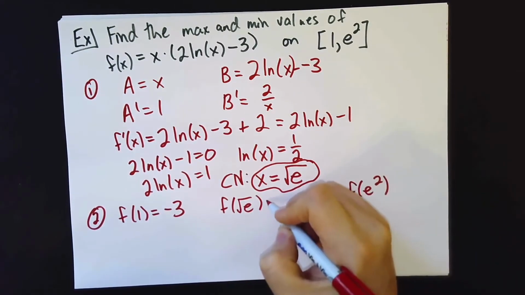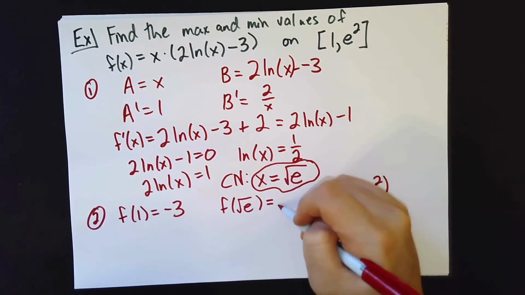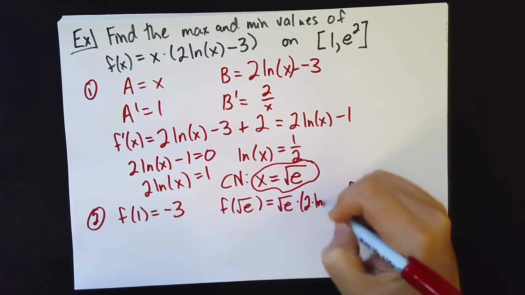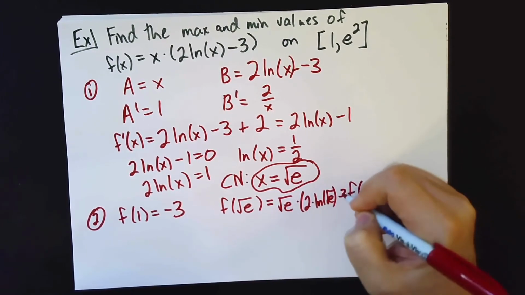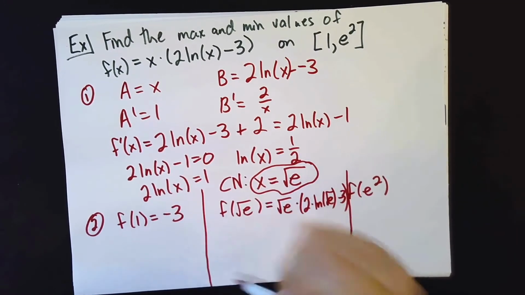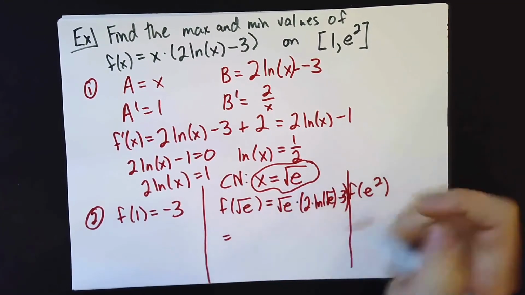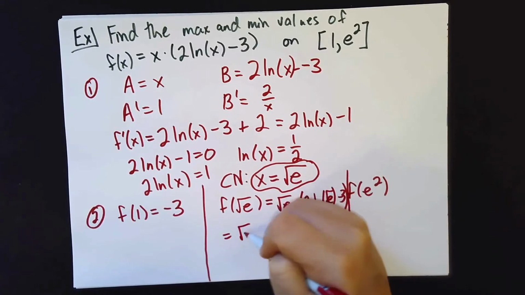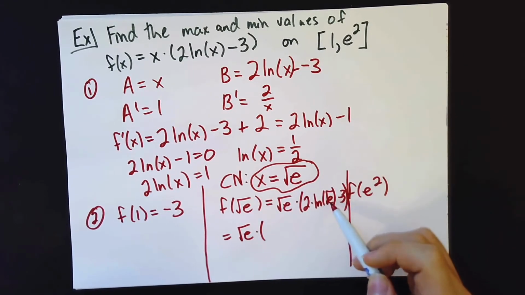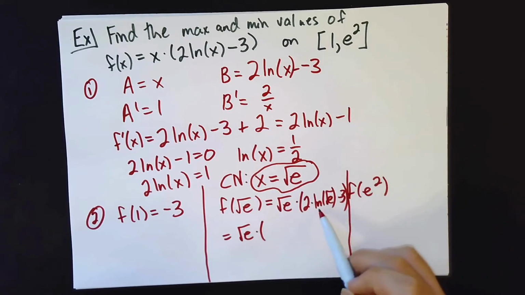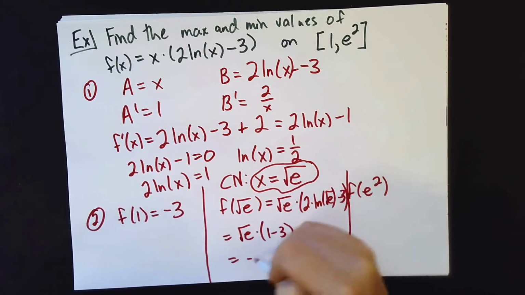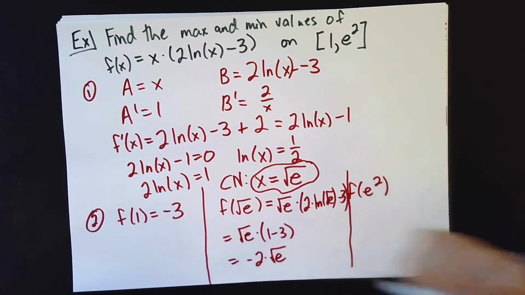F of the square root of e is going to be the square root of e times 2 times the natural log of the square root of e minus 3. Sorry, that got a little messy. And the natural log of the square root of e is a half, as we noted. So this is twice a half, so it's 1 minus 3. And so this is going to be minus 2 times the square root of e.